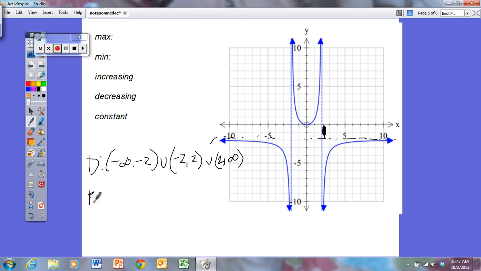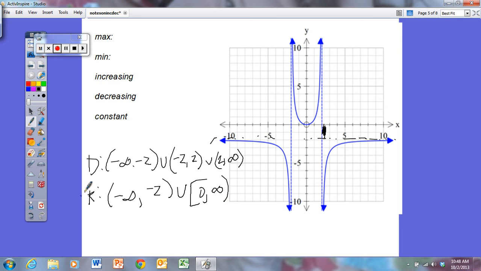So the range is all the way down at -infinity, all the way up to -2. And then from 0, and that's actually a bracket because it does equal 0, all the way up to infinity.